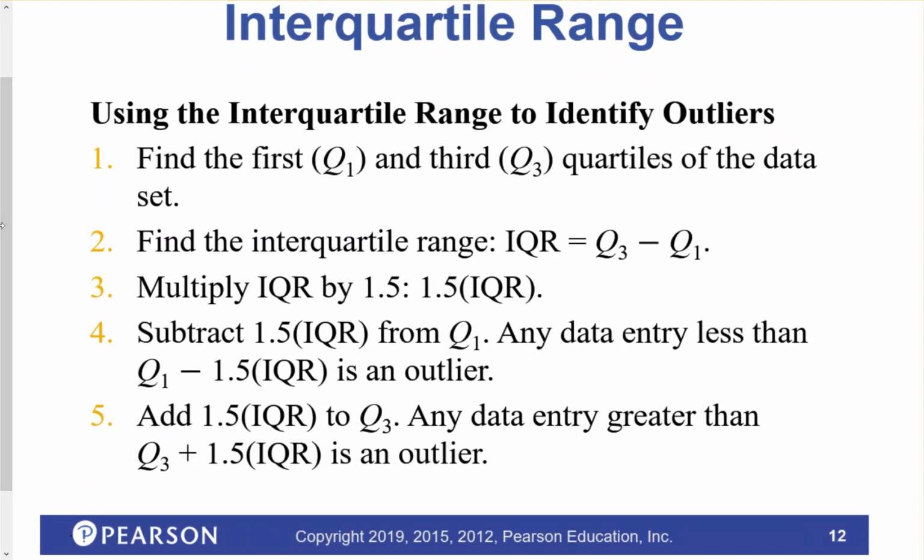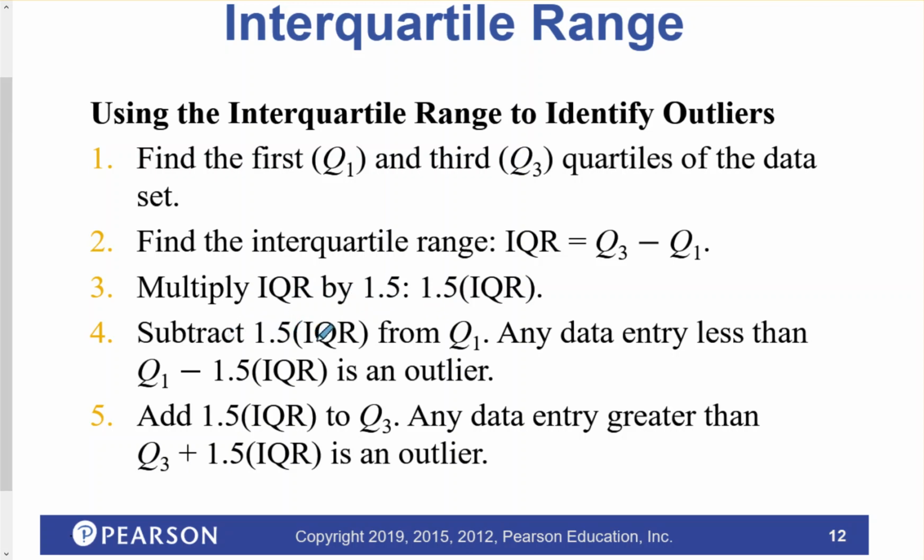Okay, using the interquartile range to identify outliers. Here are our steps to figure out, are there any outliers? What are they? We first identify Q1 and Q3. We find the interquartile range. Multiply IQR by 1.5.